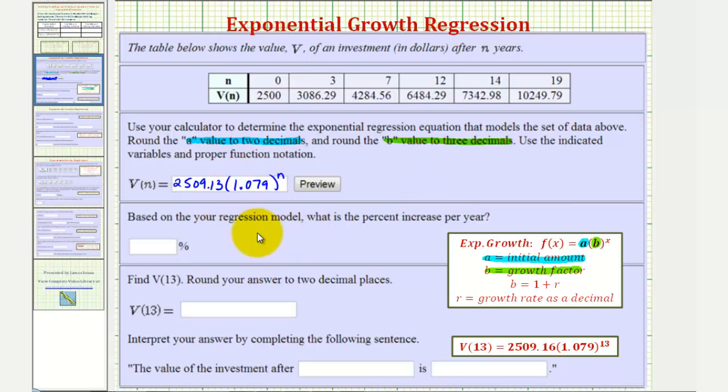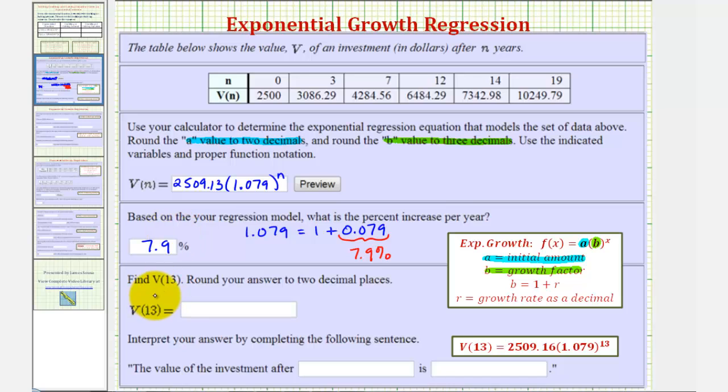Notice our base is 1.079, which would be equal to 1 plus 0.079, which means the percent increase as a decimal would be this value here. Expressed as a percentage, this would be 7.9%. To convert the decimal to a percentage, we multiply by 100 and add a percent sign, or move the decimal point to the right 2 places. So this would be 7.9%.